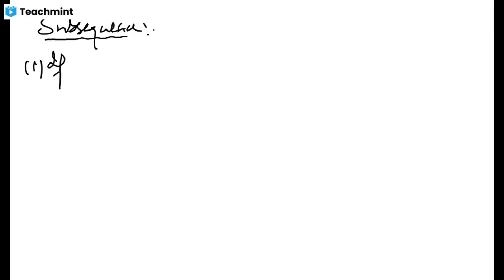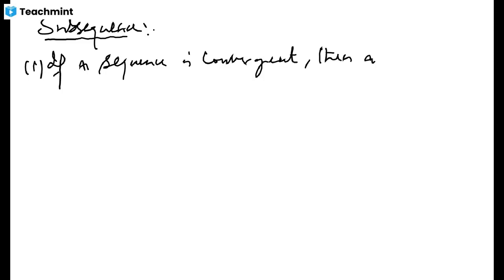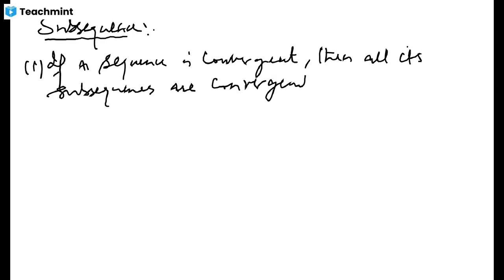And the first thing that we talked about regarding subsequences is that if a sequence is convergent, then all its subsequences are also convergent, and not only convergent, all subsequences converge to the same limit.